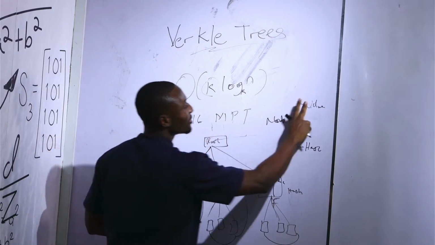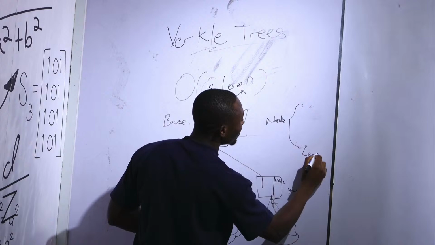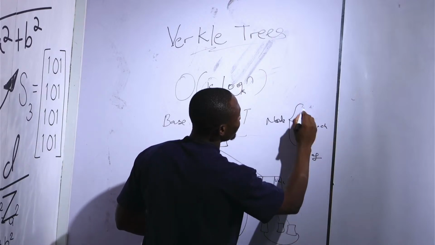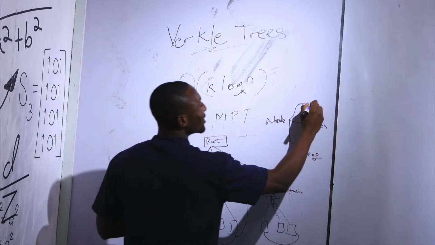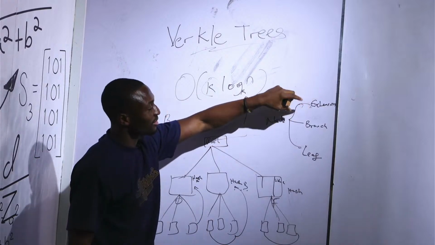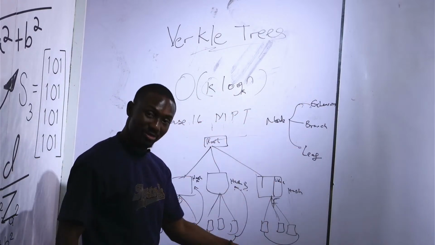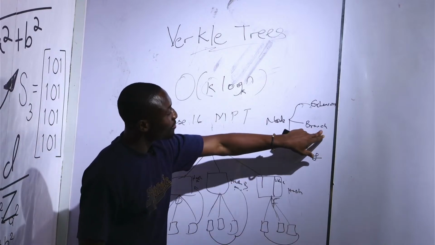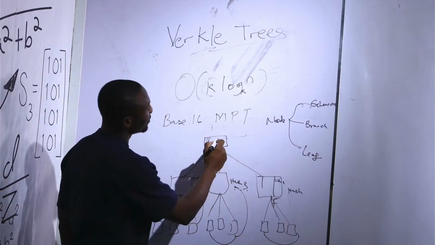You can have a leaf node, then a branch node, or you can have an extension. Ethereum has extension nodes, but you can basically have a branch and a leaf node. The leaf nodes are the ones at the bottom where the actual values you inserted in your tree will be. But the branches are the commitments to these leaves. So you hash everything to get to the root.